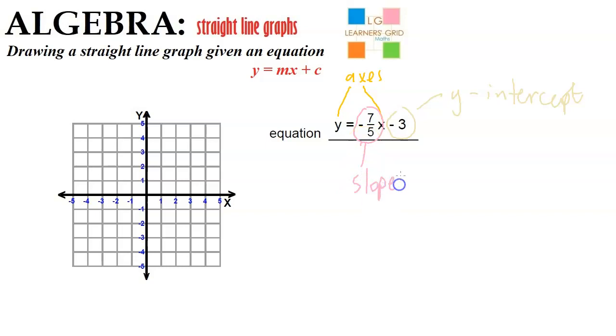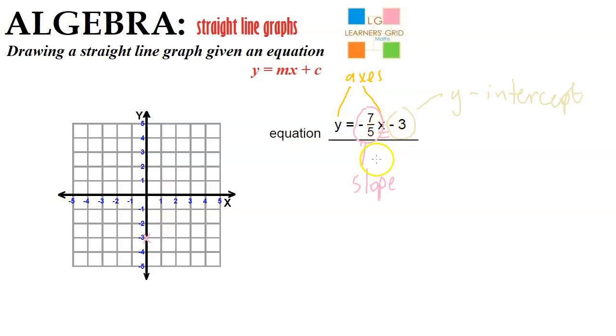The slope is always positioned, in these basic equations that we're looking at the moment, immediately before the x. So let's have a look. If we have y equals minus 7 over 5x minus 3, the easiest place to start is on the y-axis at the y-intercept. And the y-intercept is here at minus 3. That's where we can start.